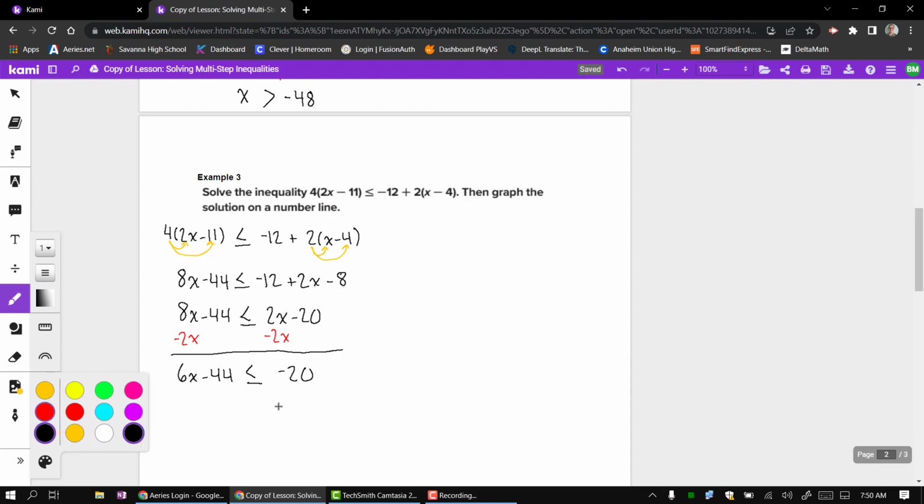Next, I'm going to add 44 to both sides. I'm not doing anything with the 6, so I'm just going to bring that down. That gives me 6x is less than or equal to 24.